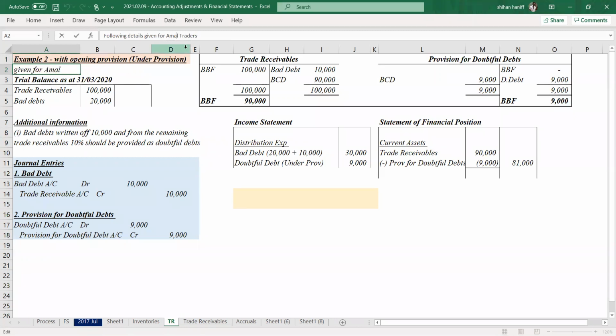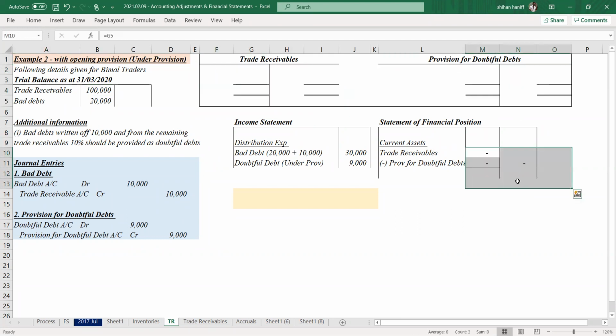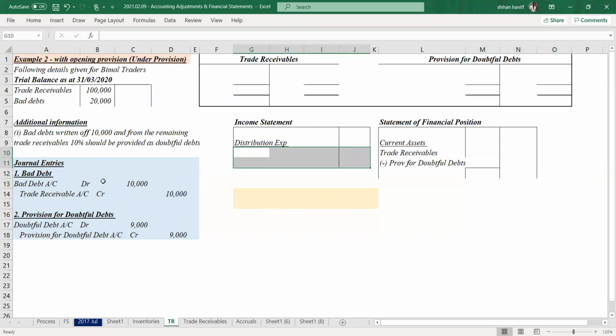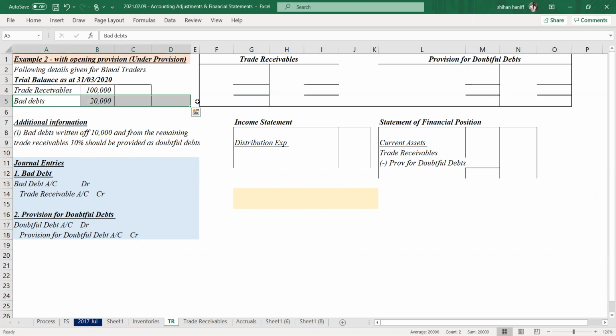Following details given for demand payments. Trade receivables 100,000, and we will have an opening provision.